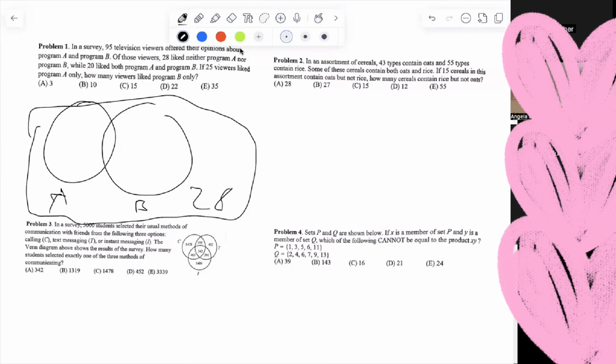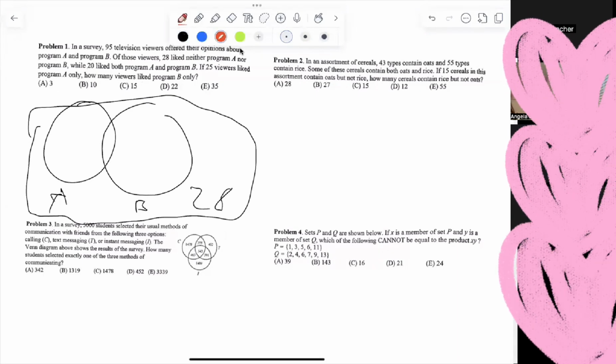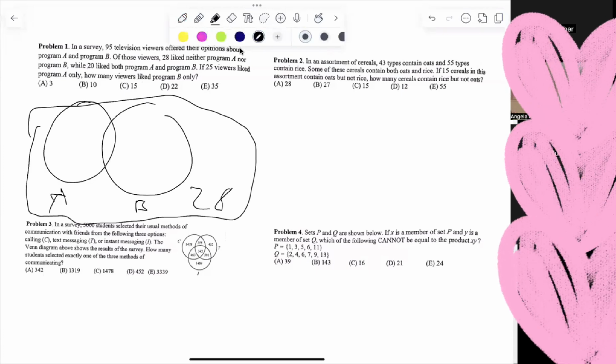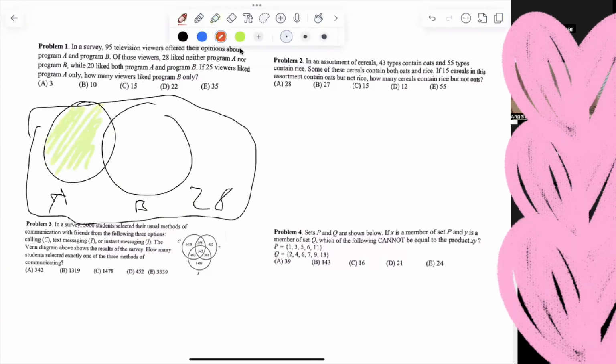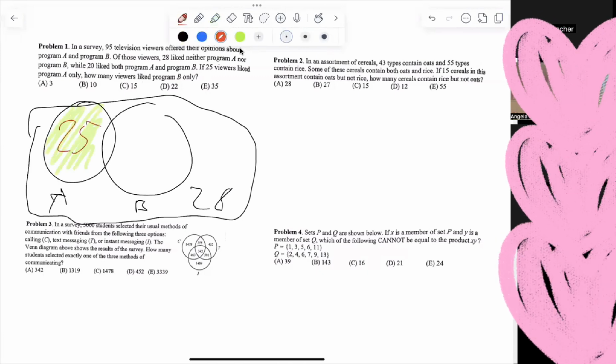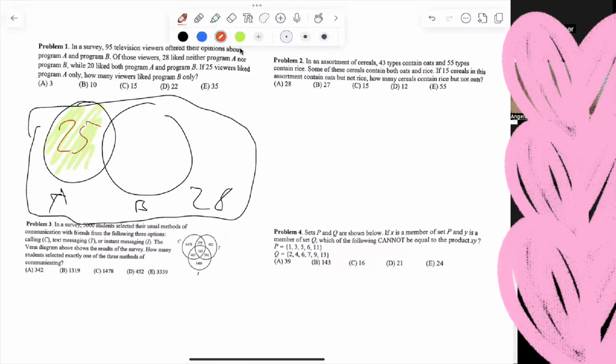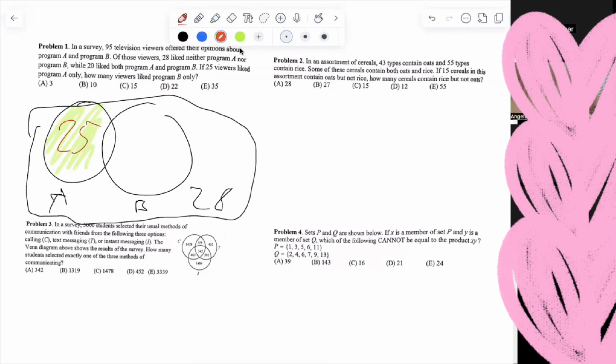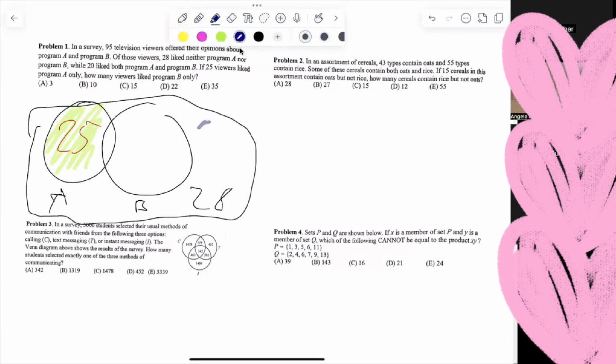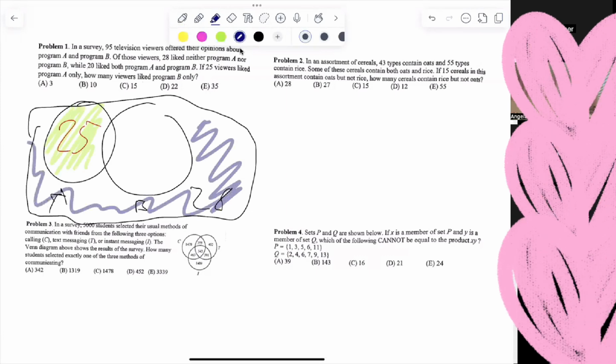Now, how many are in A? Well, how many are strictly A? Well, this place is only 25. There's only 25 viewers inside that one area. Also, we can make this as 28 in the entire outside region.